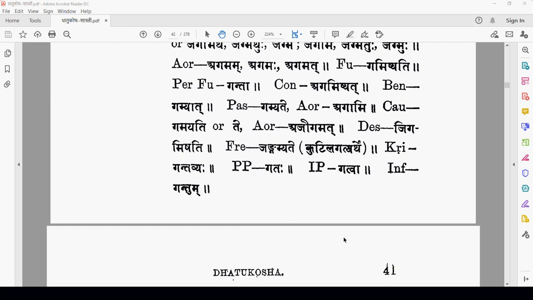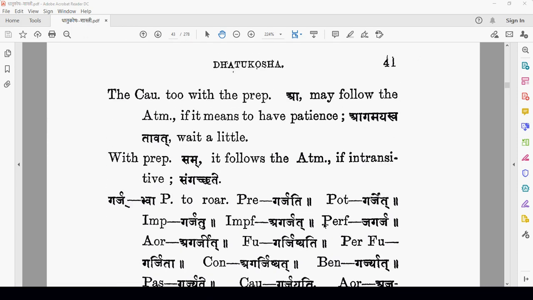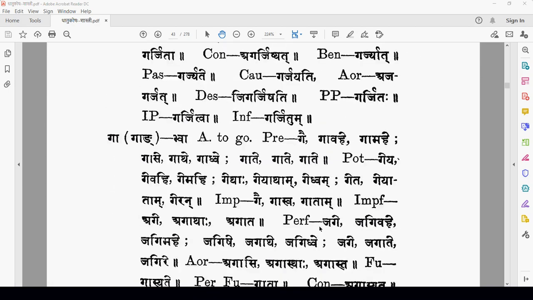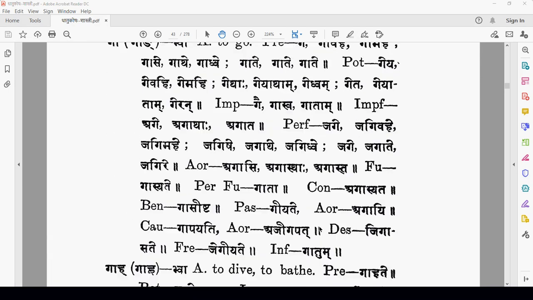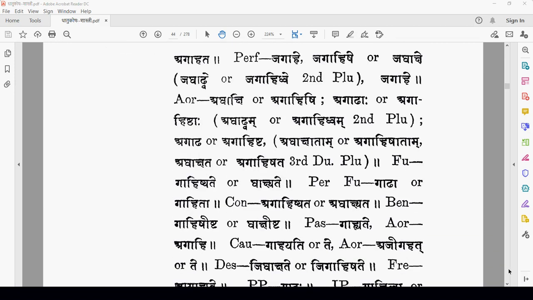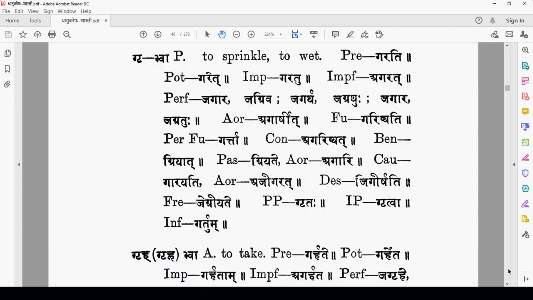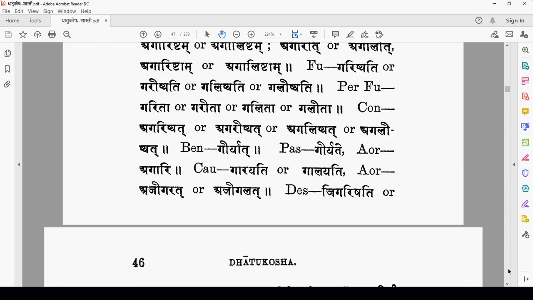Okay, so similarly, if you look up gam, so ga... graha. Where is graha? Gruha is different. Graha.